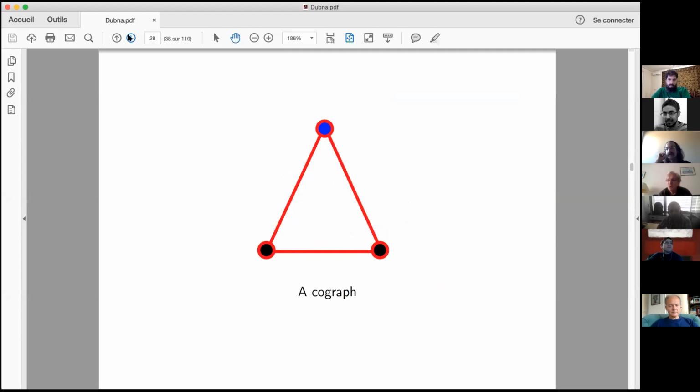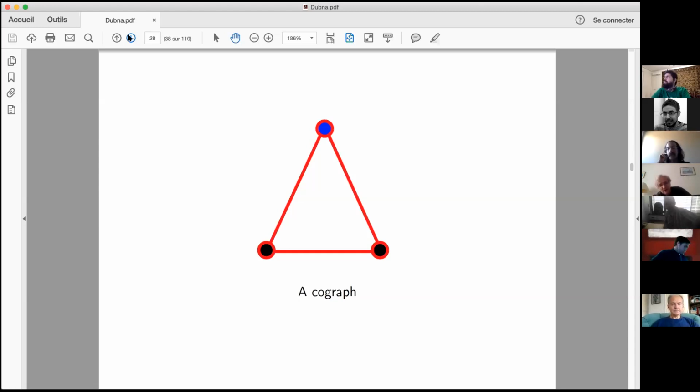And if you can go on until the graph completely disappears, one says that the graph is a cograph. So a cograph is a graph that contains so many twins that you can disentangle it by successive deletion of twins.